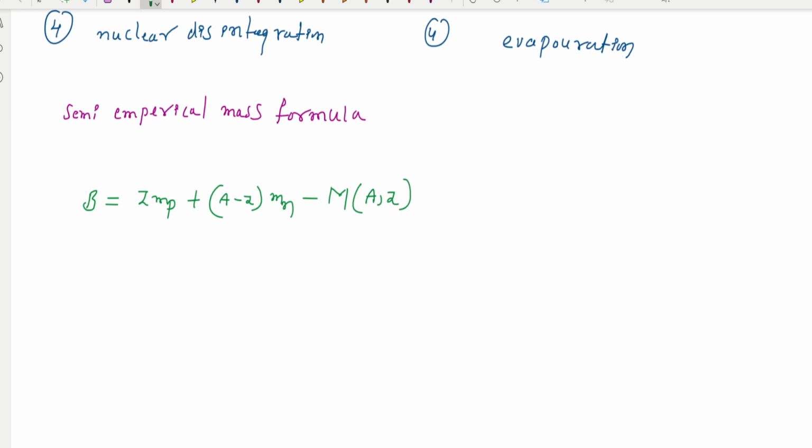So I'm going to write this one like this: Z M_P plus (A minus Z) M_n minus M.